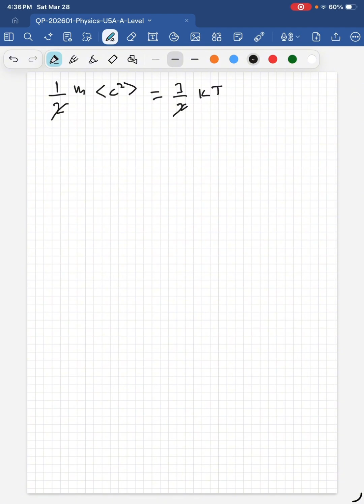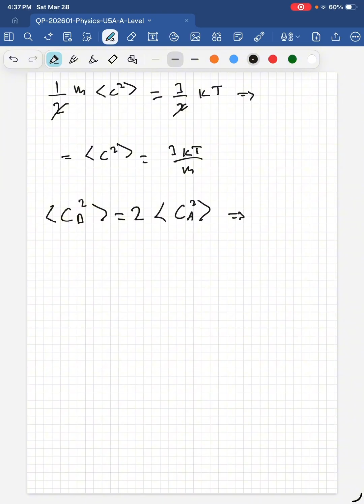simplify the 2 there and solve for c squared, which is equal to 3kT over m. Okay, and now the information is that the average squared velocity of B is 2 times the average squared velocity of A. Now let's plug in.